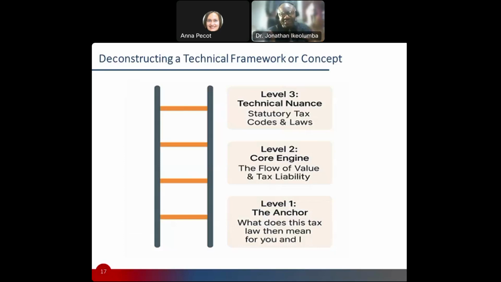So if I use the case of tax, and deconstructing a technical concept like tax, I think there are three layers that I could come up with. The first layer is I'm teaching on something that is quite statutory. So there's a tax law, and I give an excerpt of what the tax law states, right?